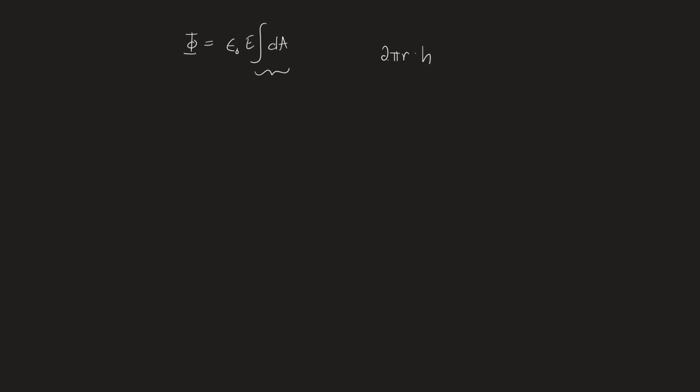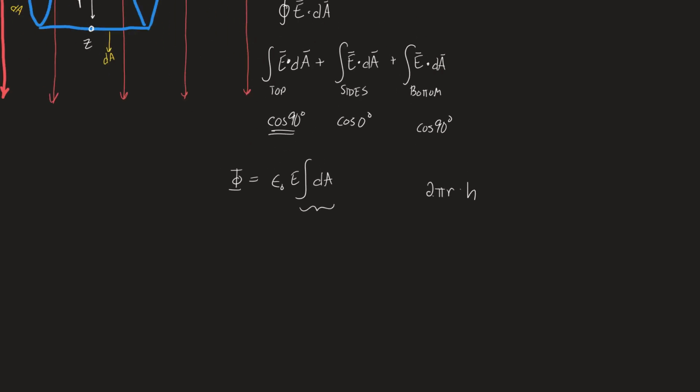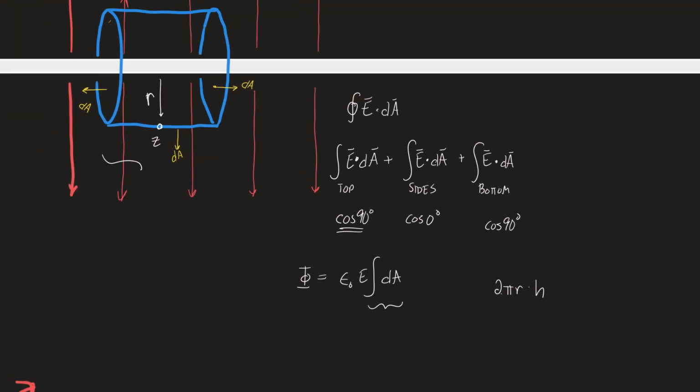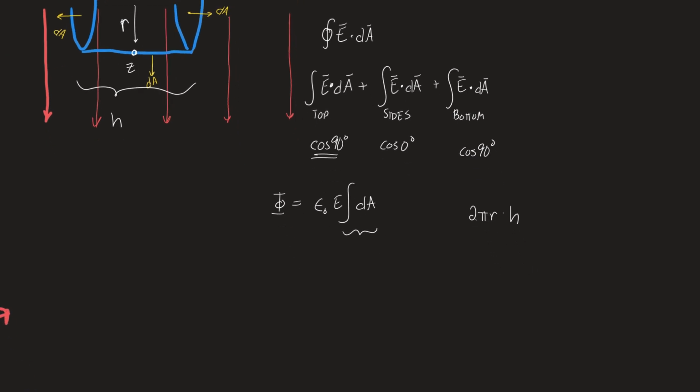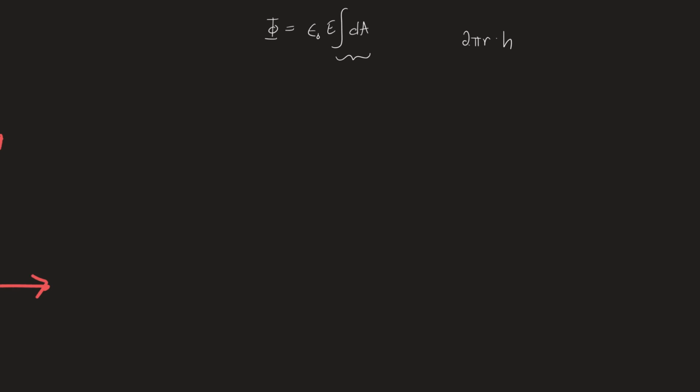So apparently it does matter how tall my can is. Height will be this measurement. So for us, our flux becomes epsilon naught E times 2 pi Z times the height of our can.